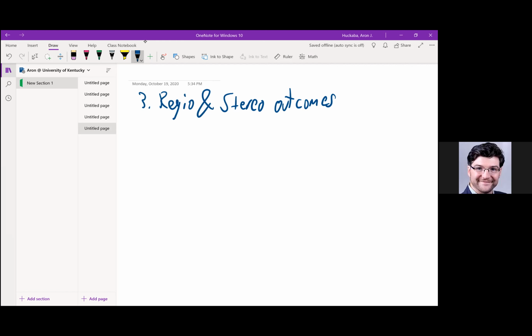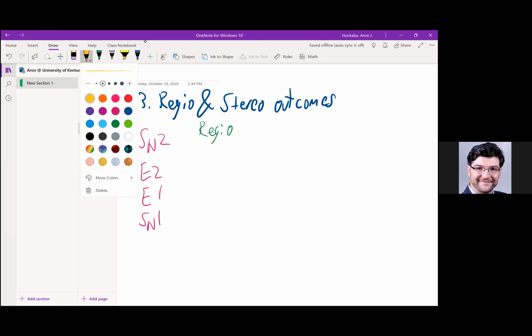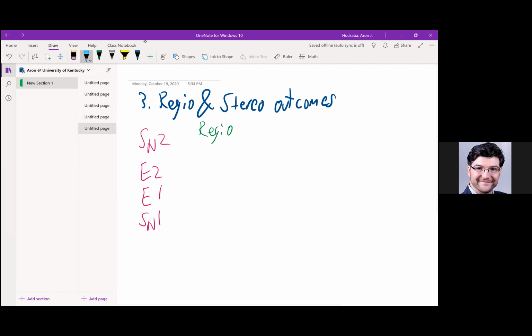We can make a little table like they do in your book, where you have SN2, E2, E1, and SN1. If we think about the regiochemical aspects, the SN2 regiochemistry is completely controlled by the alpha carbon of the alkyl halide.